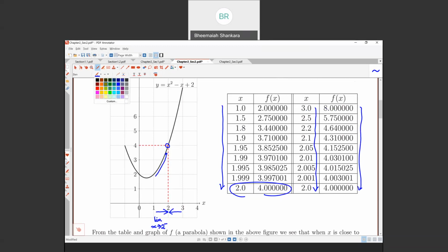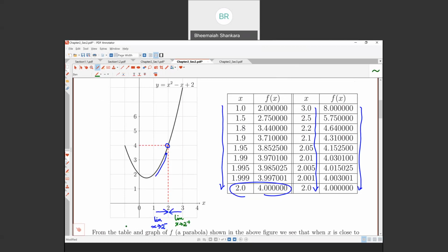So this is moving towards 2 from the right. So you call it a right hand limit, x approaching 2 from the right. So it's 2 plus. Again, plus has nothing to do with addition or summing up, but it's something to do with the direction. Plus means moving towards a number from the right. Negative sign means moving towards a number from the left.